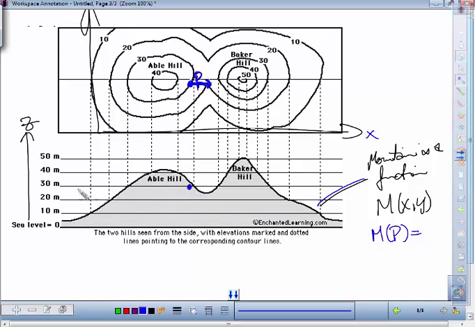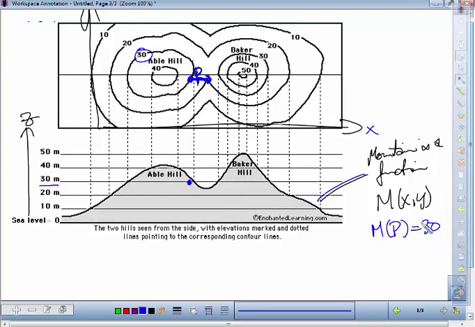So in this map, you can kind of see that you're 30 meters high, but in this level curve, in this topographical map, you're at 30 meters. Okay? So let's say you're standing there.